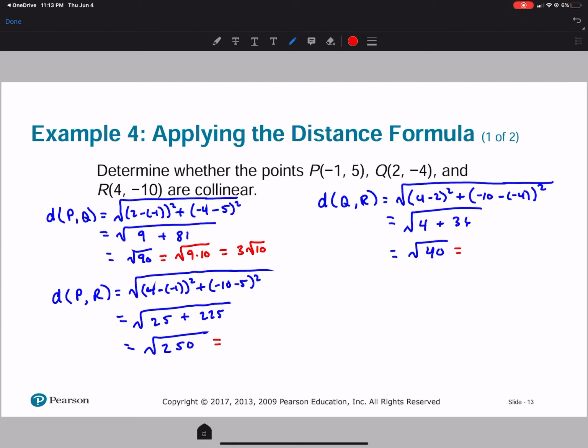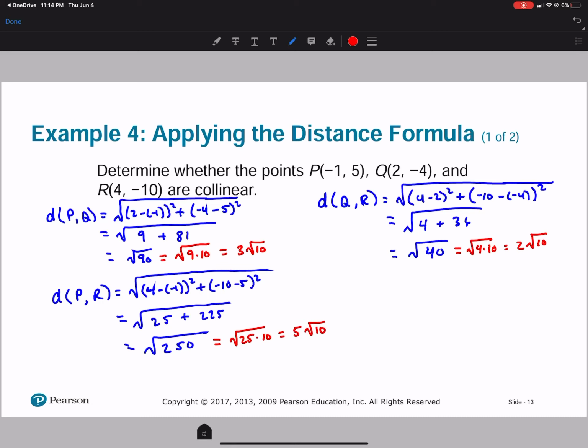A perfect square that goes into 40 is the square root of 4 times 10, which equals 2 times the square root of 10. And a perfect square that goes into 250 is the square root of 25 times 10, which equals 5 times the square root of 10.